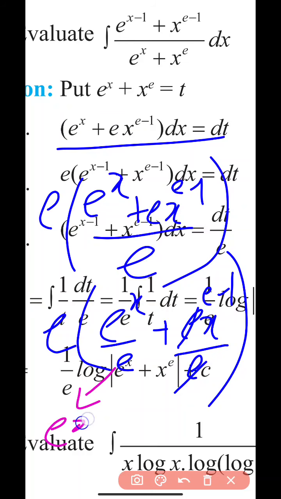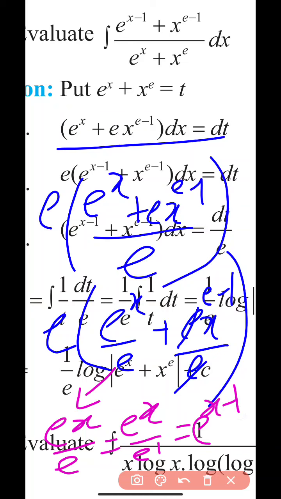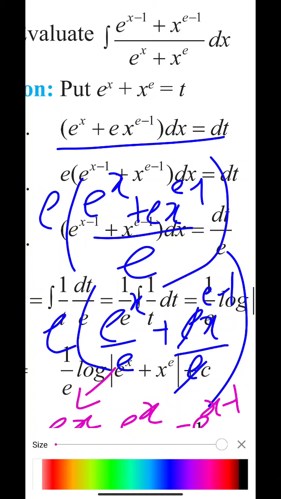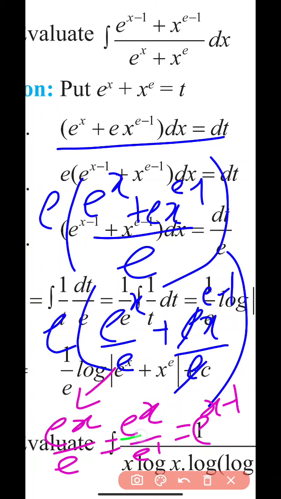So e raised to x divided by e is equal to e raised to x divided by e raised to 1 is equal to e raised to x minus 1. So as I've explained earlier, in the power relation, if the bases are the same, so e is the base, and they are in division, you must subtract their powers. So that's why I've subtracted x minus 1, right?